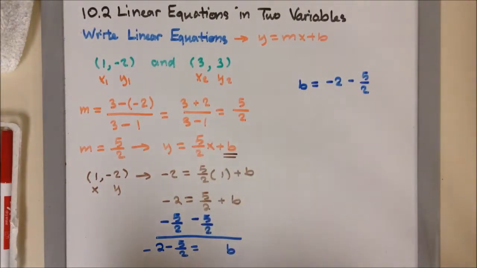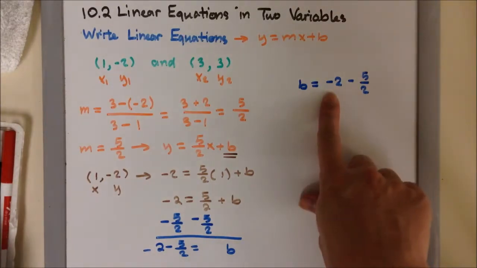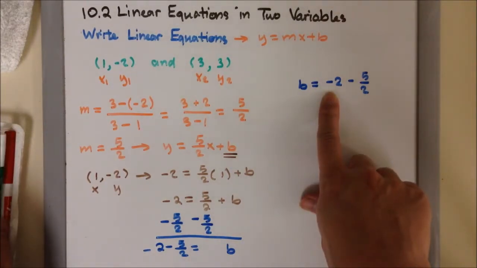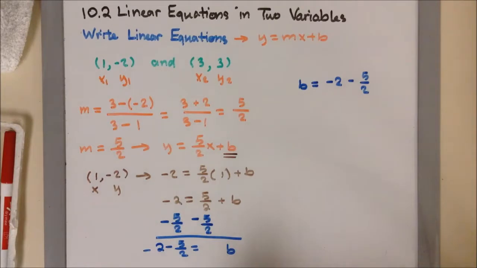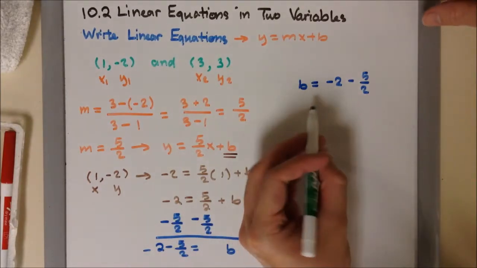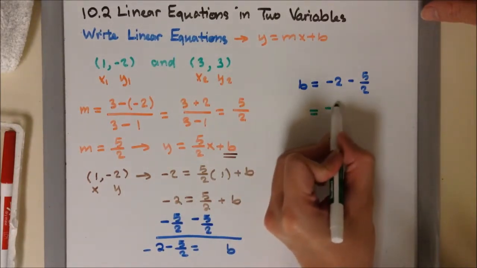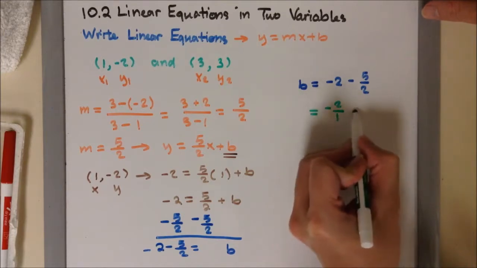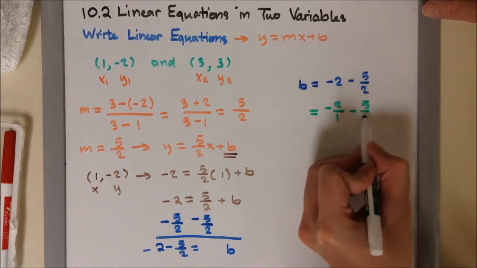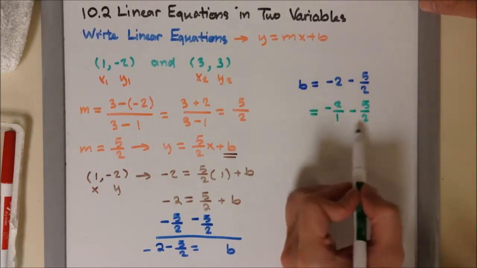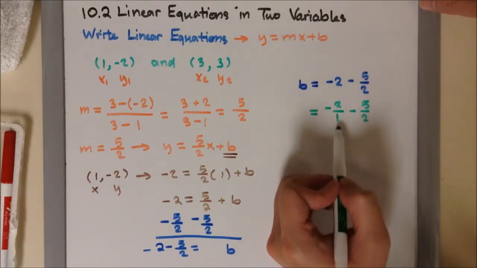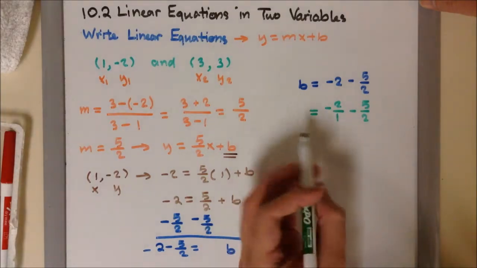When I am subtracting or adding a fraction, I need to have a common denominator. I have negative 2, which is a whole number. In order to convert it into a fraction, I'm going to write negative 2 over 1 and then minus 5 half. To get a common denominator, I'm going to multiply this fraction by 2 in the numerator and denominator.